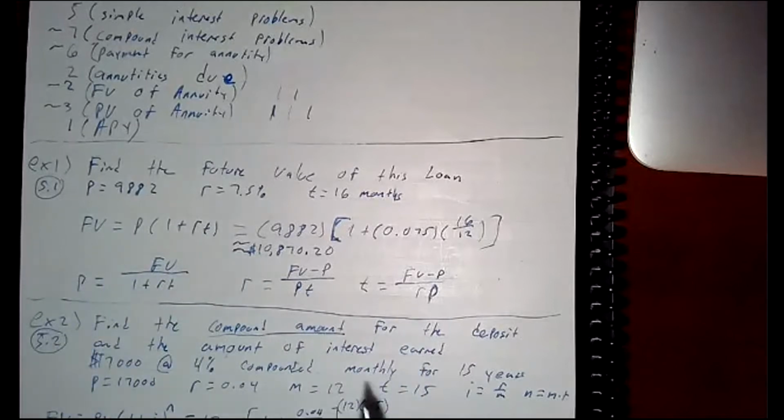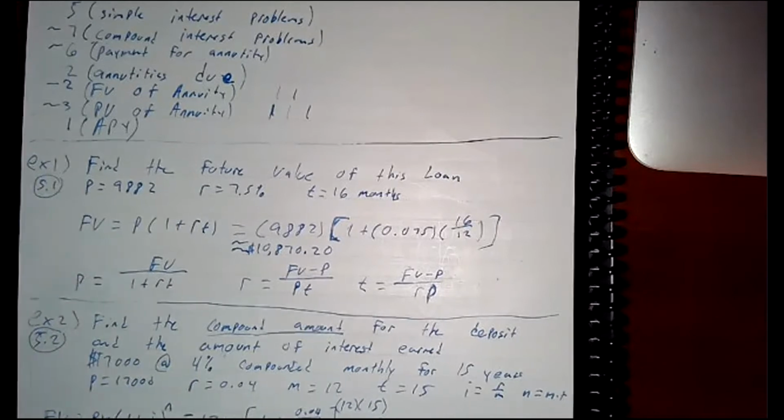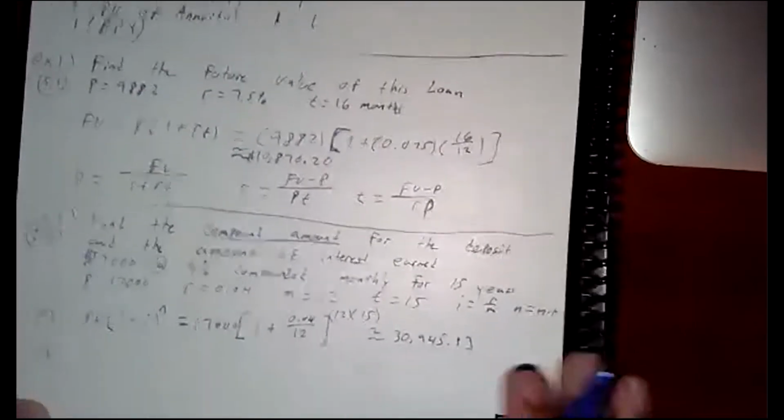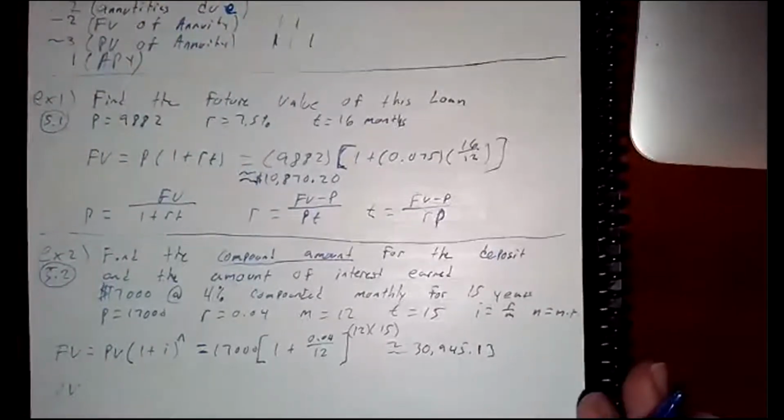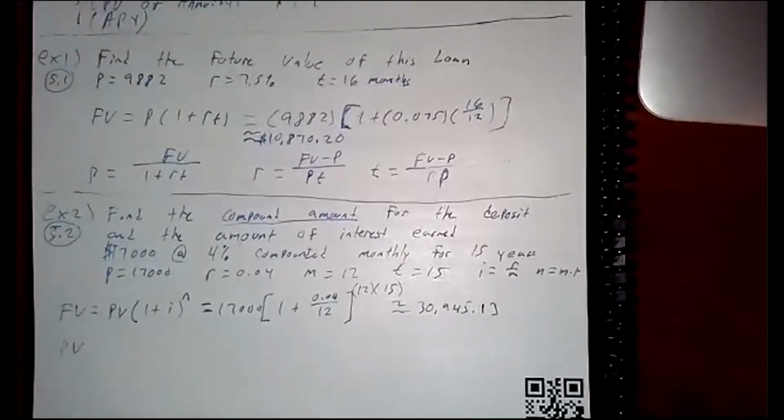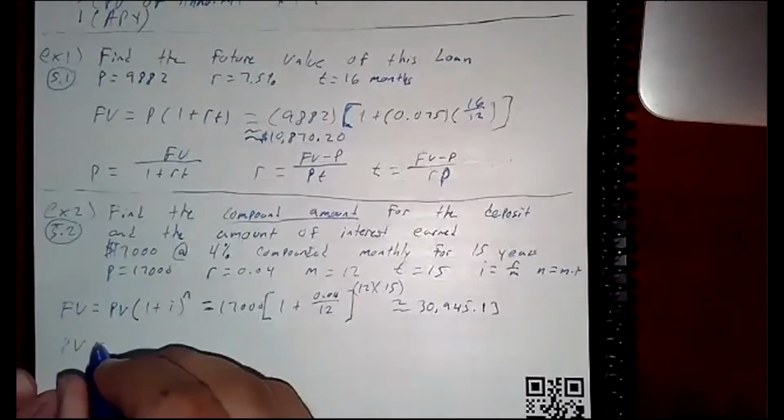5.2, it's compounded monthly. It's compound interest. So the future value formula is different, but they could ask you for present value, right? And the formula for present value, we already gave it to you.